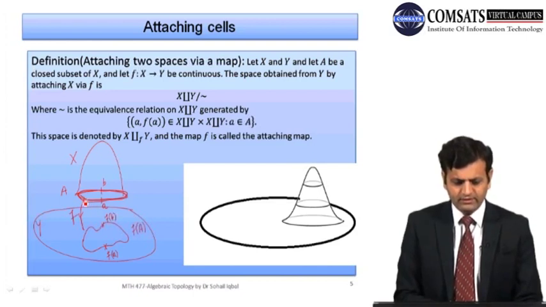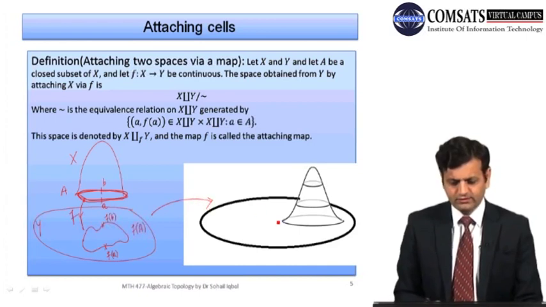So we glue each element with its image inside Y. When we glue, we get an image like this. Basically we glued this closed subset A of X with its image under the continuous map f.